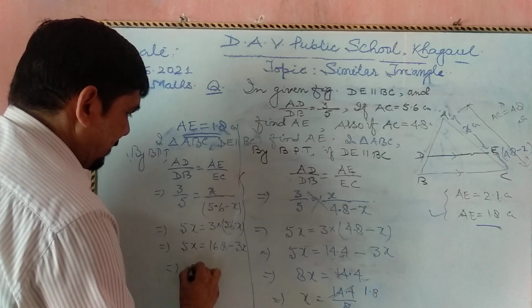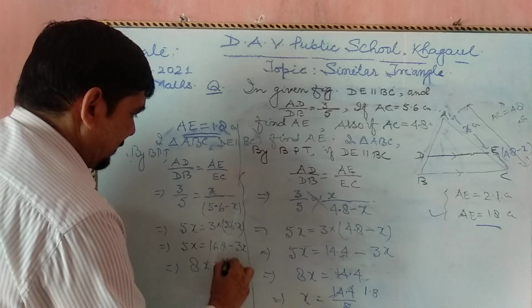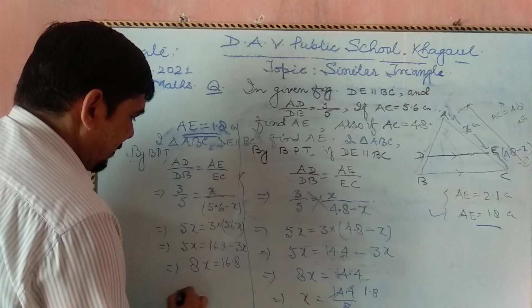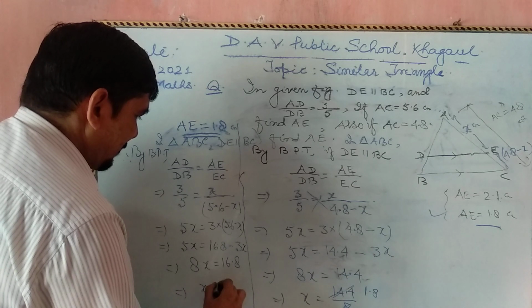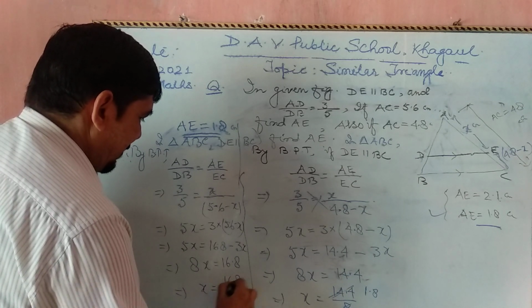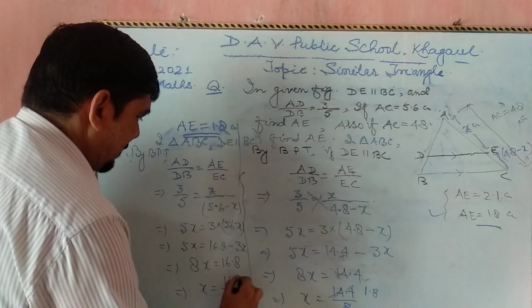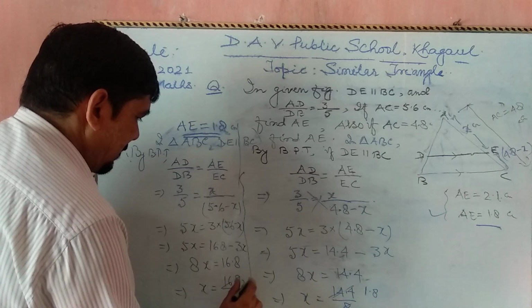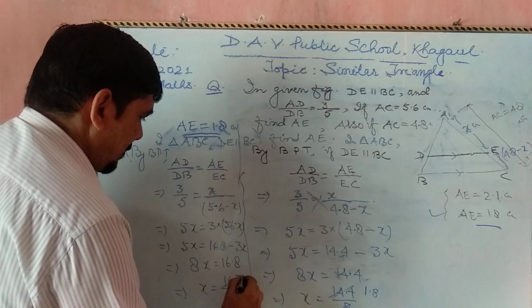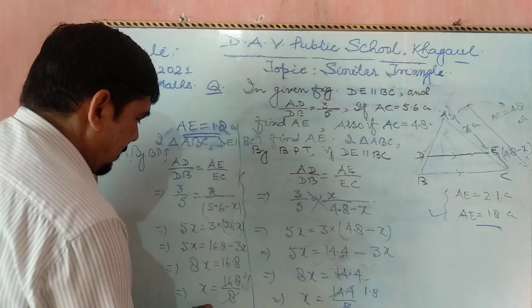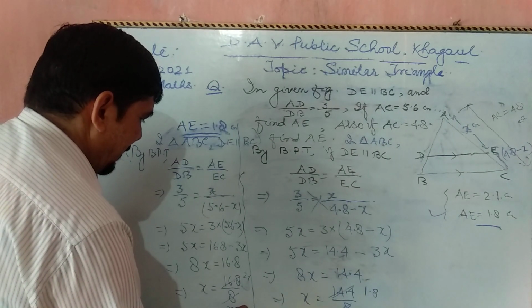This implies 8X is equal to 16.8, so X is equal to 16.8 by 8, which is 2.1.